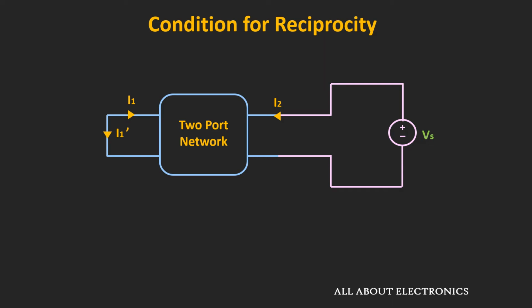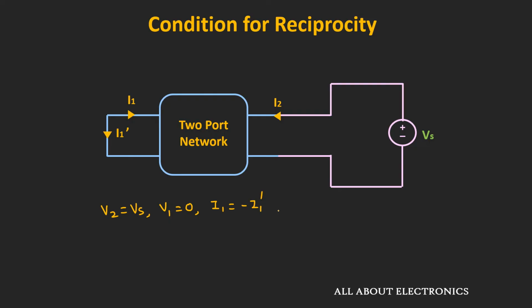Similarly, now let's say the voltage is applied at the port 2 and the short circuit current is measured at the port 1. In this condition, the voltage V2 is equal to Vs while voltage V1 is equal to 0, and the current I1 is equal to minus I1 dash.